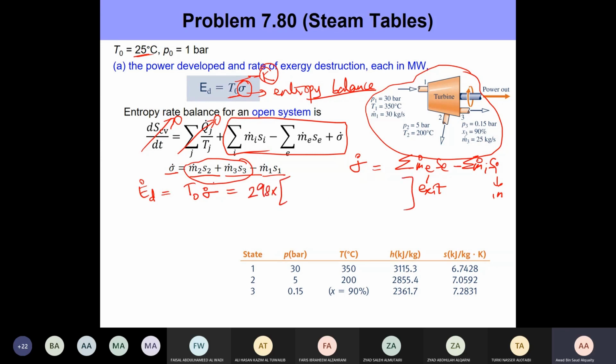So what are the values? m dot 2, we said, was 5 kilogram per second, so S2 is here, plus m dot 3 is 25 into S3 is here, minus m dot 1, it's 30 into S1 is right here.